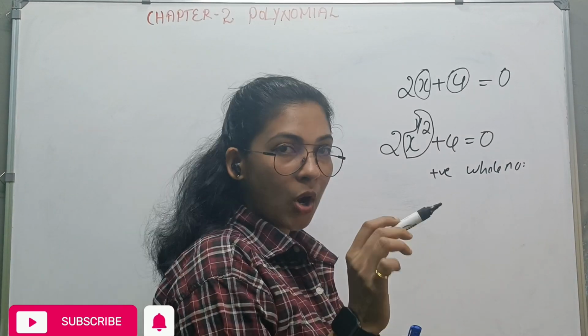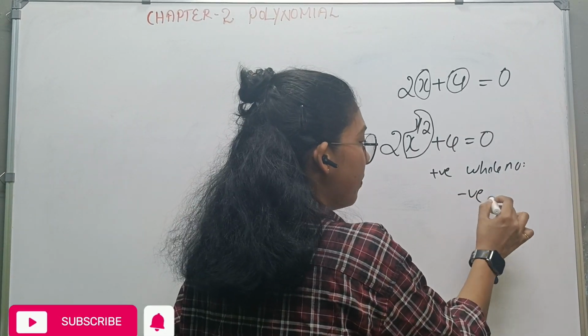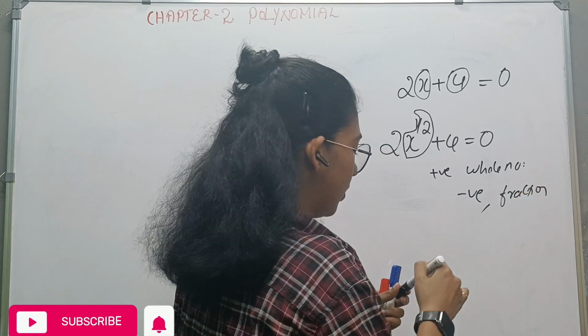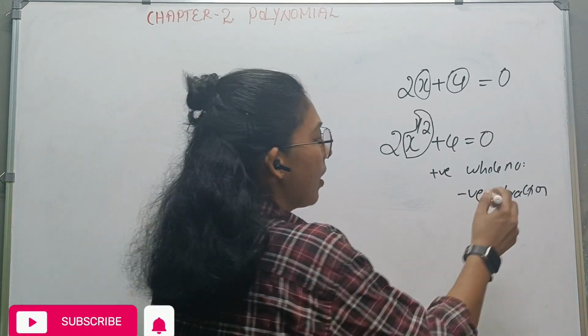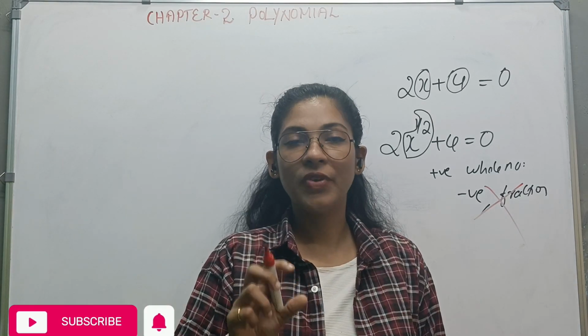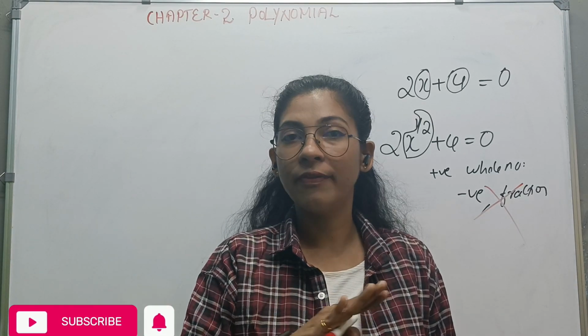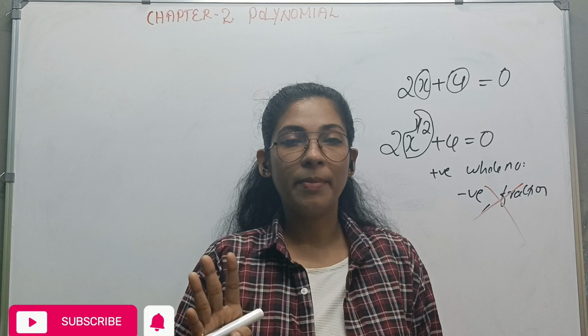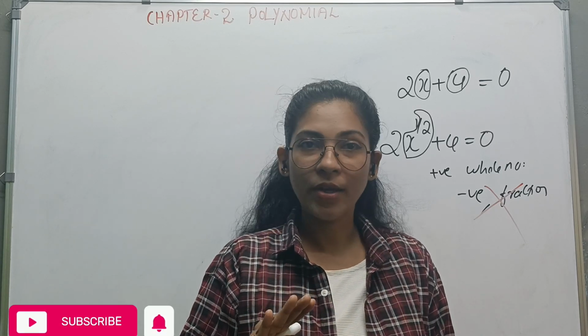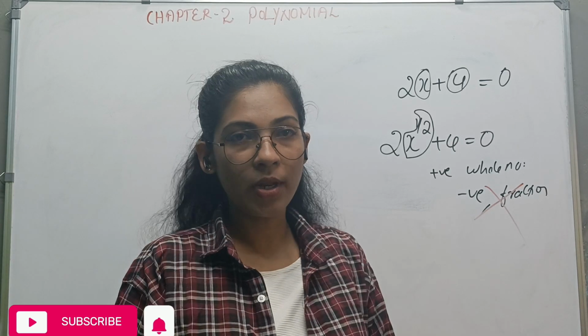It should not be negative and should not be a fraction. So the conditions of a polynomial are: the power of variables in a polynomial should always be a positive whole number, not a negative number and not a fraction.